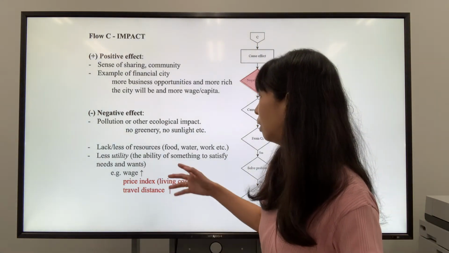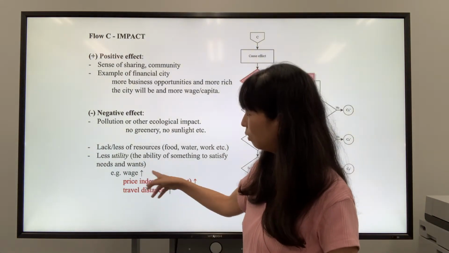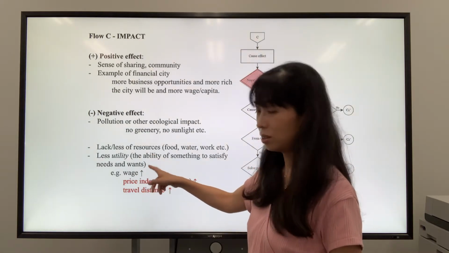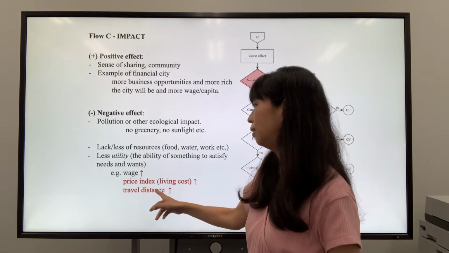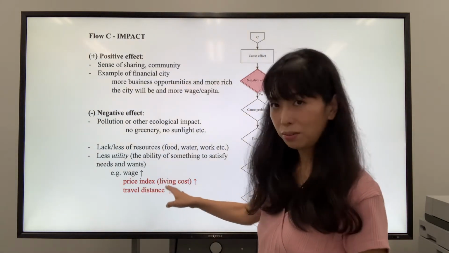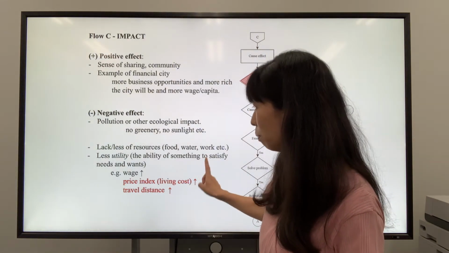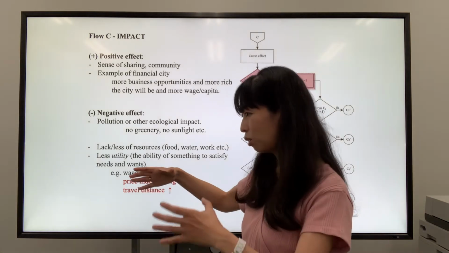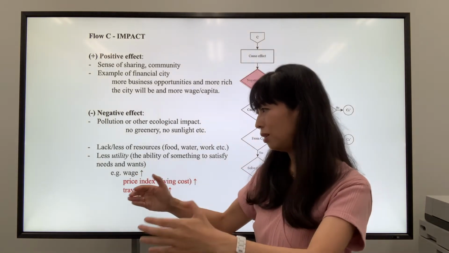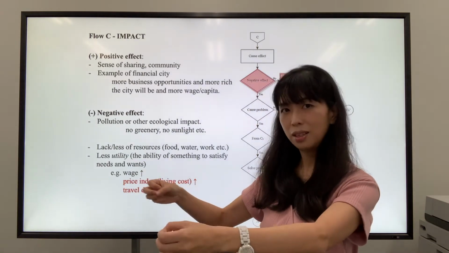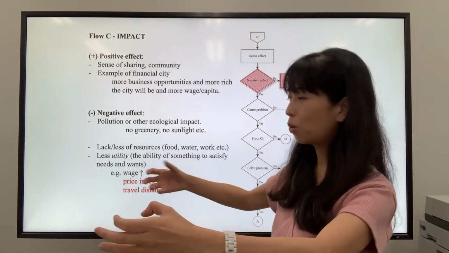It means that you might have an increase in the wage. However, your price index, which relates to your living costs, also goes up. And because of so many people living in the same area, your living area could be very far away from your workplace.